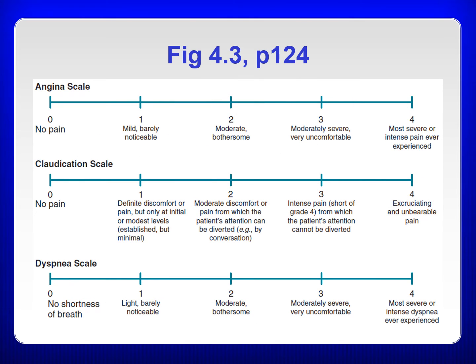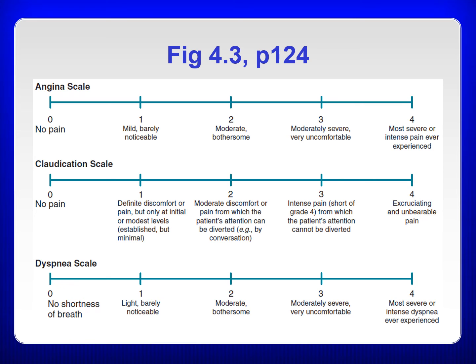Figure 4.3 on page 124 has a couple different scales that are used. These are for angina, claudication, and dyspnea, or shortness of breath. And a scale of 0 to 4, these are if people have symptoms and you know that they're getting assessed for cardiovascular disease or ischemia.